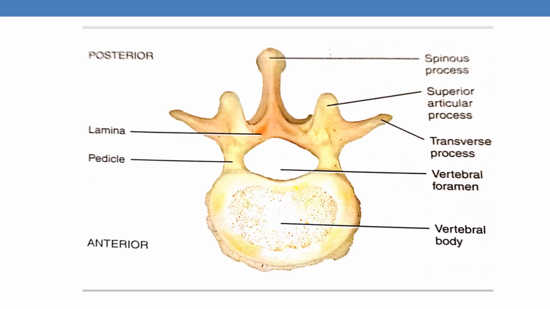Here you can see this is the vertebral body and this is the pedicle. And these two, this one and this one, are the transverse processes, and this is the vertebral foramen, which is a hole or opening through which the nerves and blood vessels pass. And this is the spinous process, and this is the superior articular process.